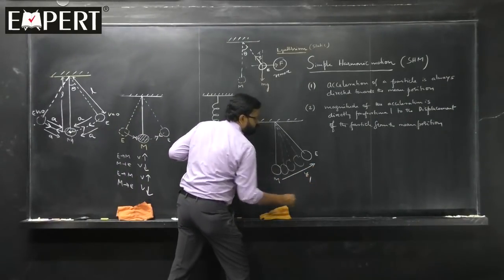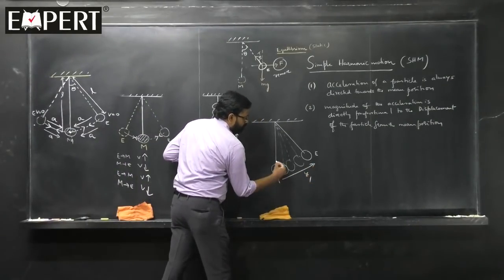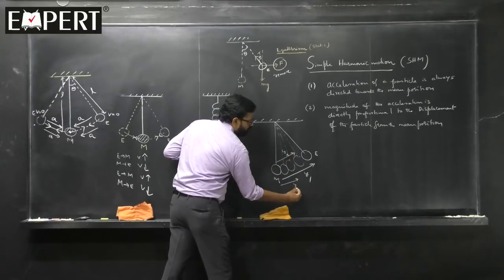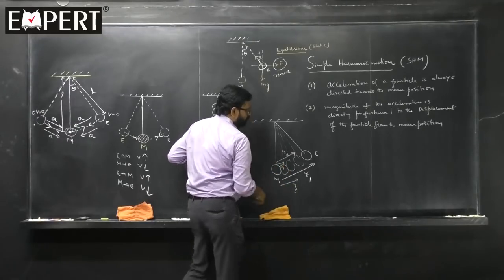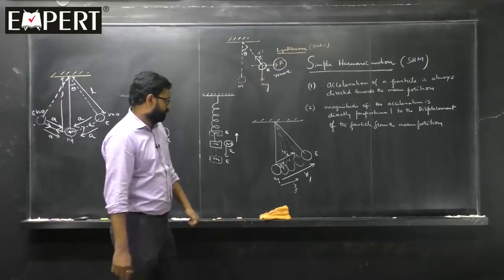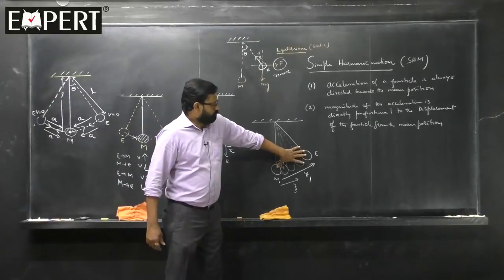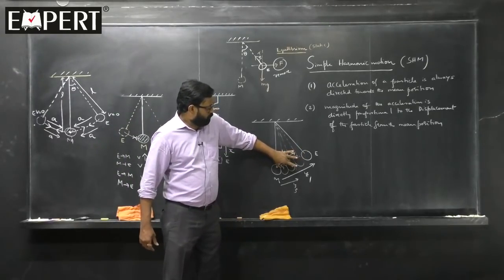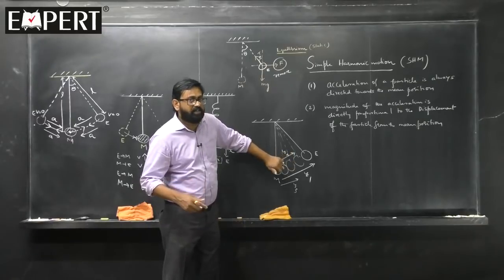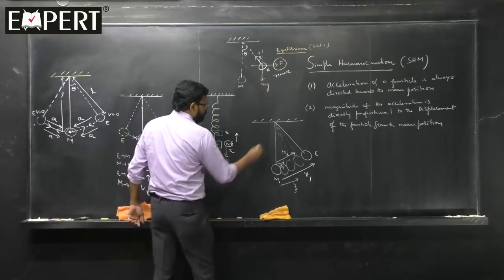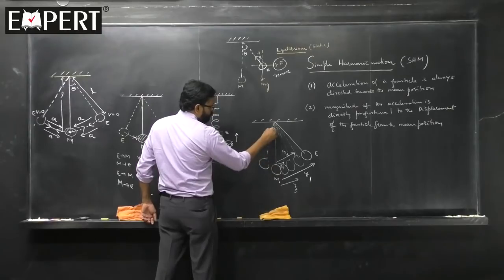This is one displacement y1. This is another displacement y2. This is one more displacement y3. This is one more displacement y4. y1, y2, y3, y4. Displacement is measured from the mean position. Even this side also. Are you able to follow?